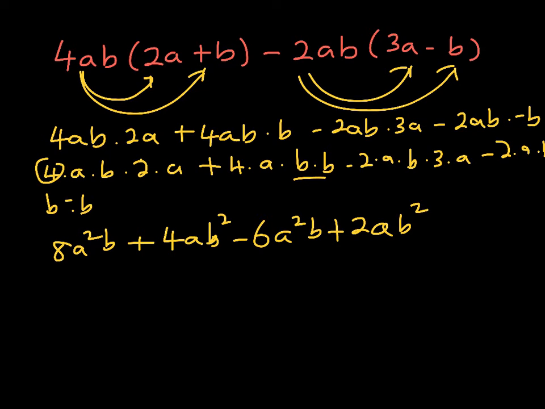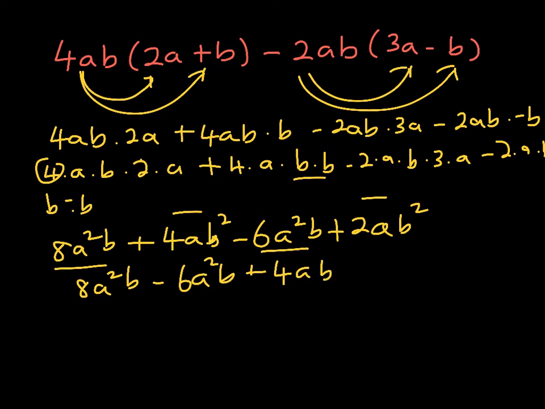Now we can collect like terms, so this and that are the same, while these and that are the same. So this is 8a squared b minus 6a squared b plus 4ab squared plus 2ab squared. 8a squared b minus 6a squared b leaves us with 2a squared b plus 6ab squared.